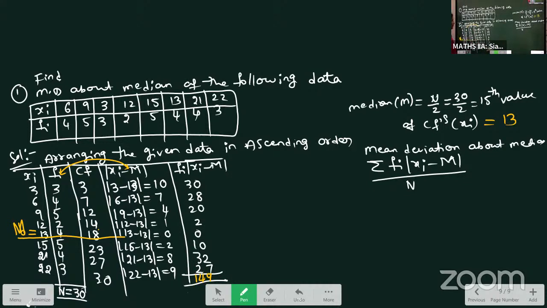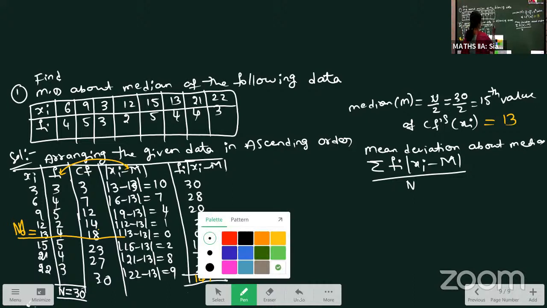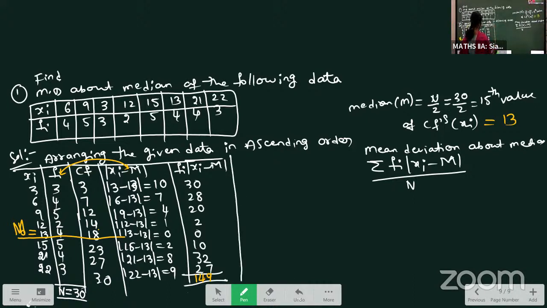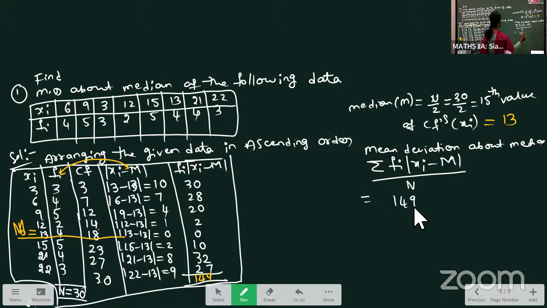Now go to the formula and substitute. So this is the complete table. Now, mean deviation about median is equal to sigma fi into mod xi minus M divided by N. So 149 by N value, which is 30. So 149 divided by 30.